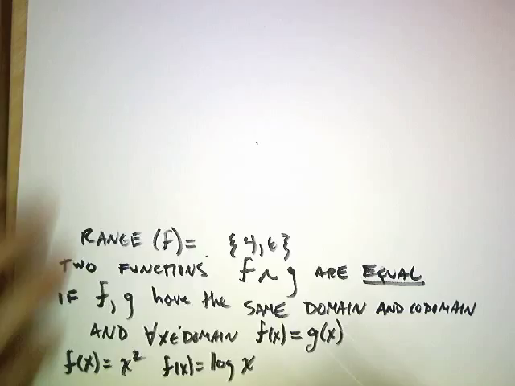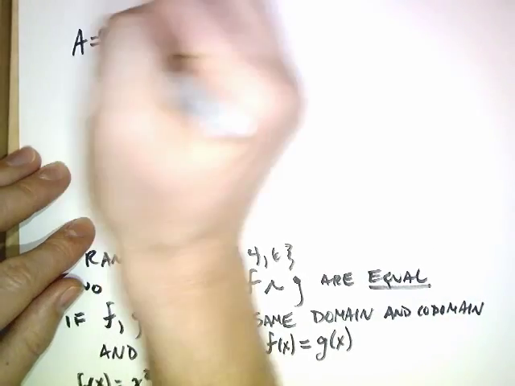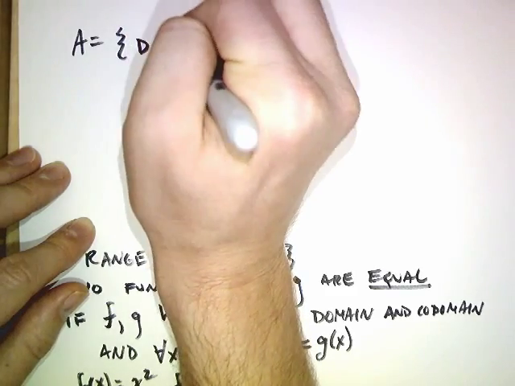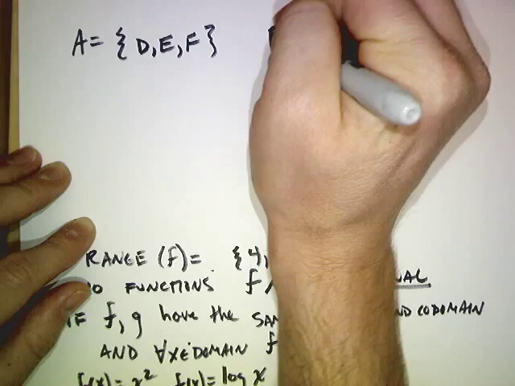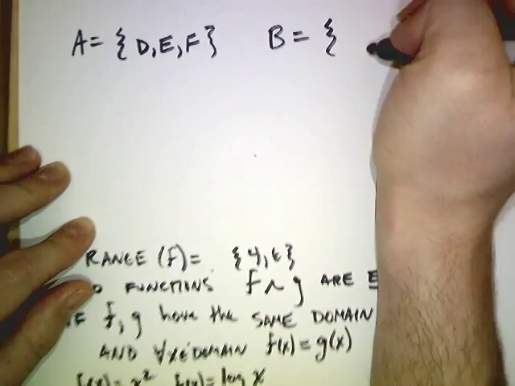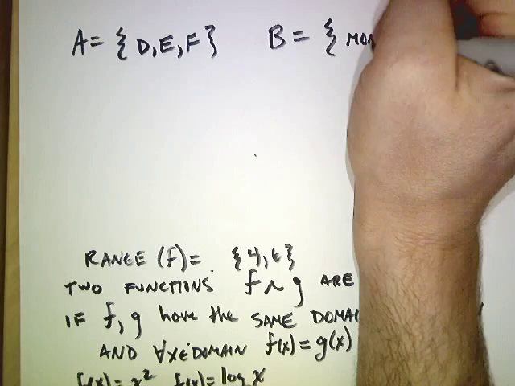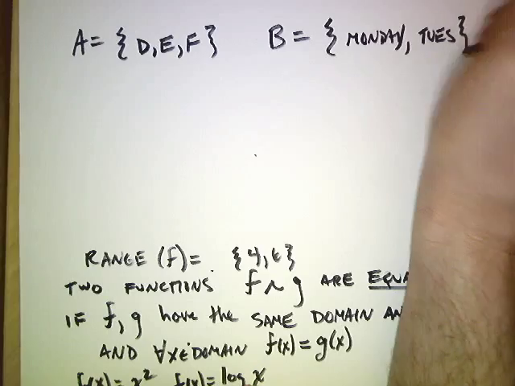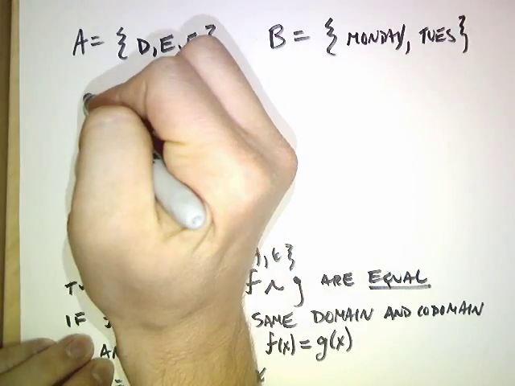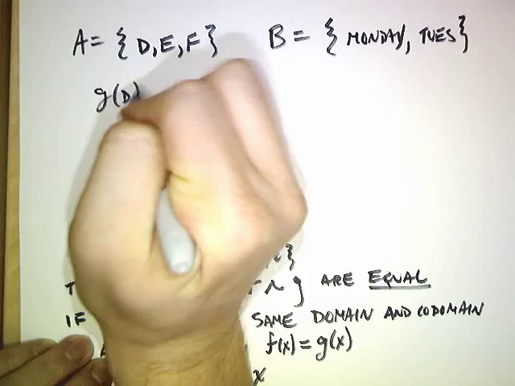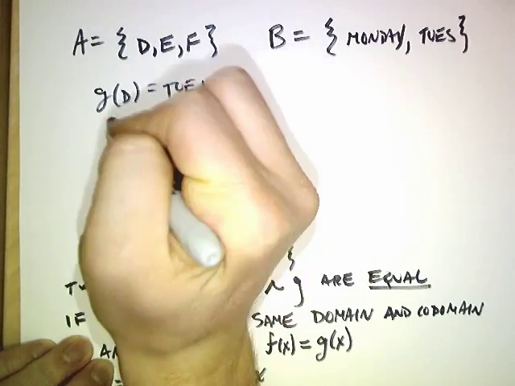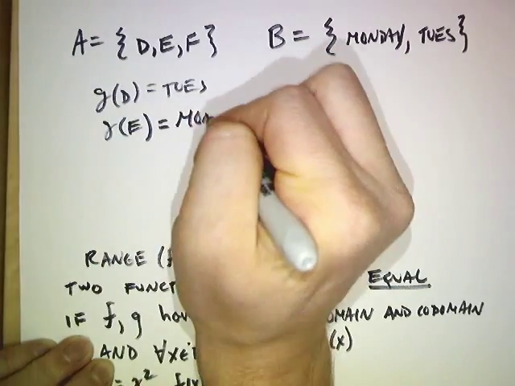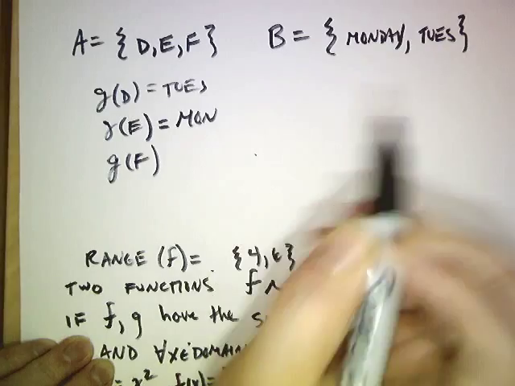So for example, we could let a set A be the letters D, E, and F, and we could let a set B be the days of the week: Monday, Tuesday. Okay, and so we could have a function g that maps D to Tuesday. For g, we have to specify what E gets mapped to. E goes to Monday, let's say, and we could say that F goes again to Tuesday.